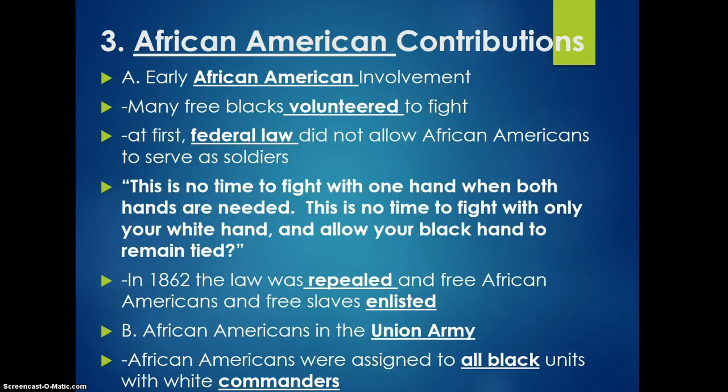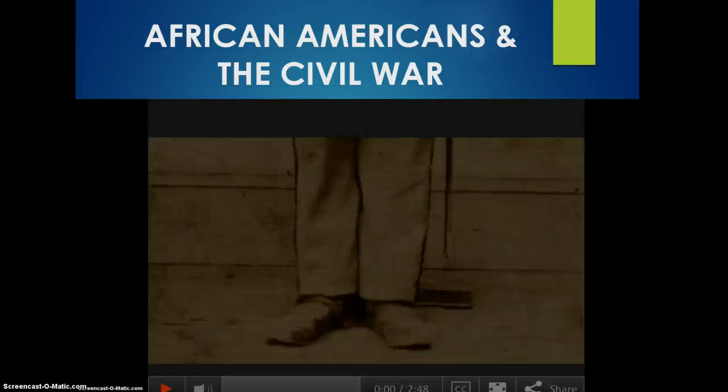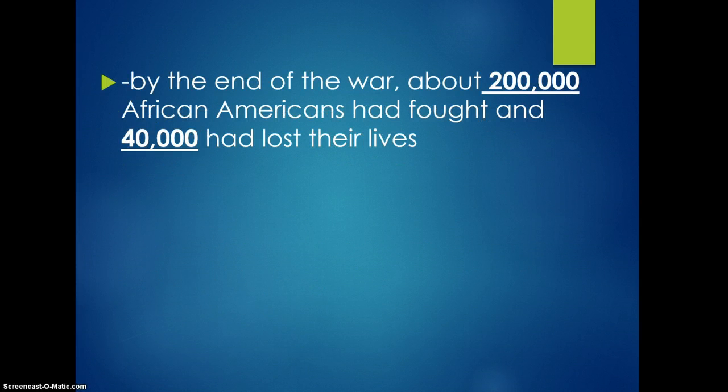So even though the North is against slavery, you still see that underneath there are still issues of equality and freedom taking place in the North as well. When you get to class, you'll have the opportunity to take a look at the 54th Regiment video. But for now, I'll just move on to the last section of our notes.